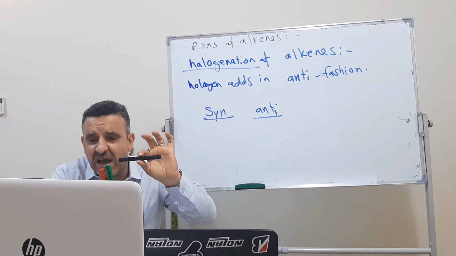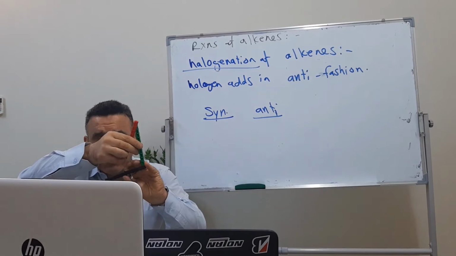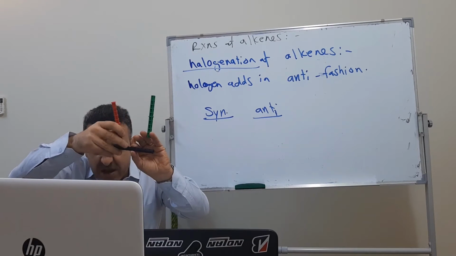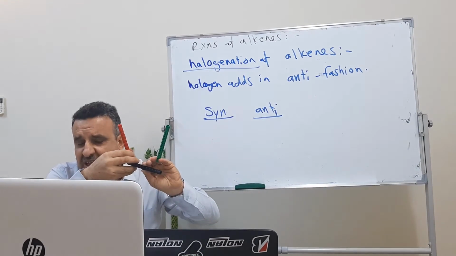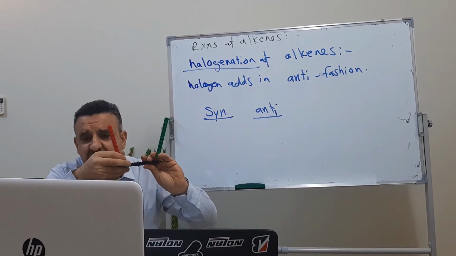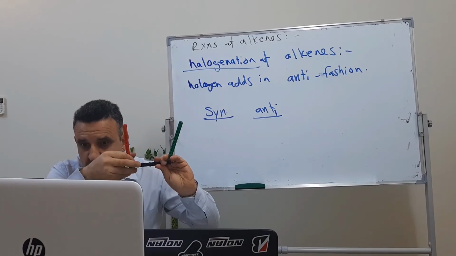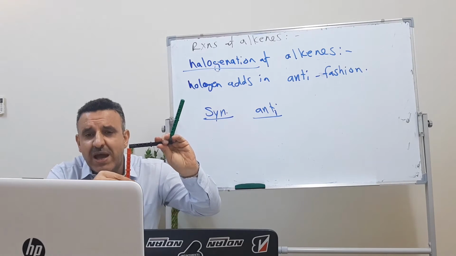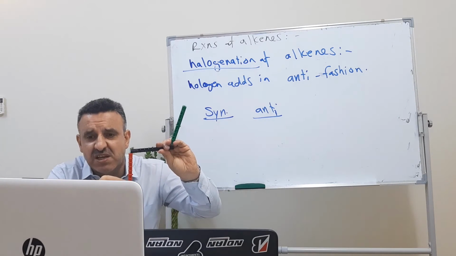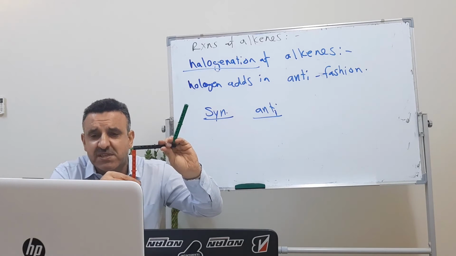Now, I'm just representing the two parts with two colors, the red and the green. We have two possibilities for the addition regarding the stereochemistry. Either the adding parts add themselves from one face or one plane, and in this case we call this fashion of addition syn addition. Or the other possibility is that the two adding parts add themselves to the carbon double bond carbon from two opposite planes.